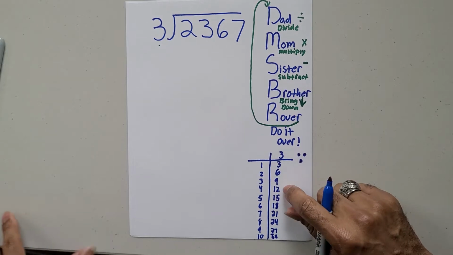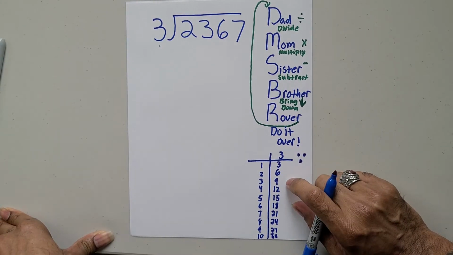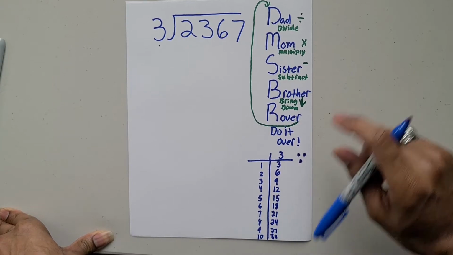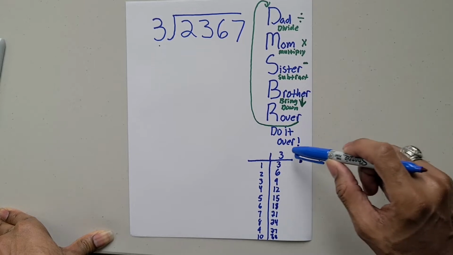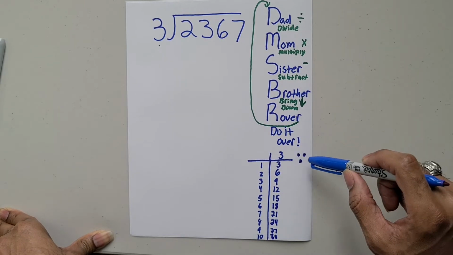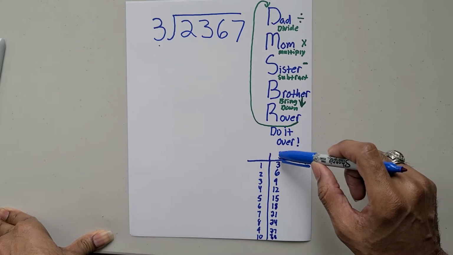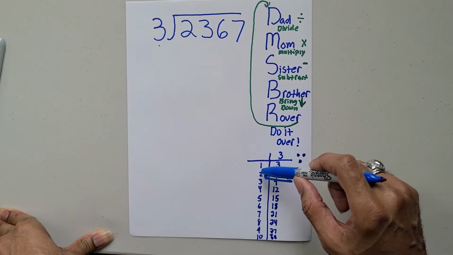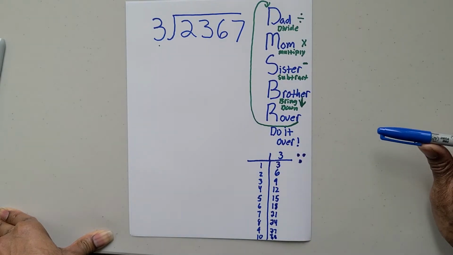If you use this T-chart, boys and girls, I promise you, you will not get your stuff wrong. If I'm dealing with the number 7, only thing I need to do is change my 3 to a 7 and then put my 7 dots instead of 3 dots. Then I do 7 times 1, 7 times 2, 7 times 3, 7 times 4, and keep on going.